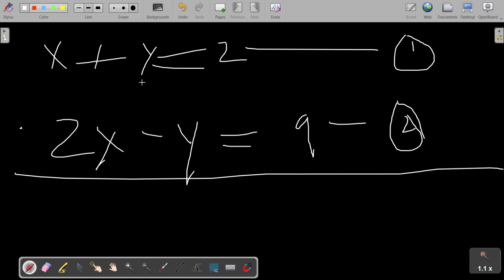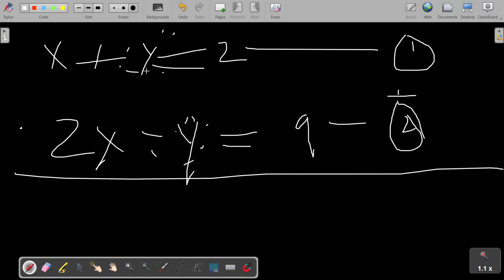We can see that there is plus y, and in this equation there is minus y. So if we add both equations, the y terms get cancelled. Let's add these two equations.